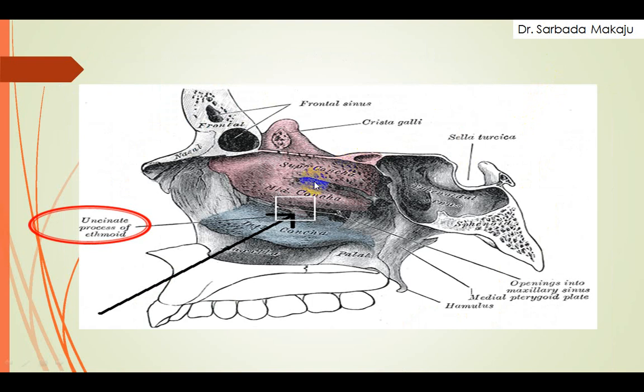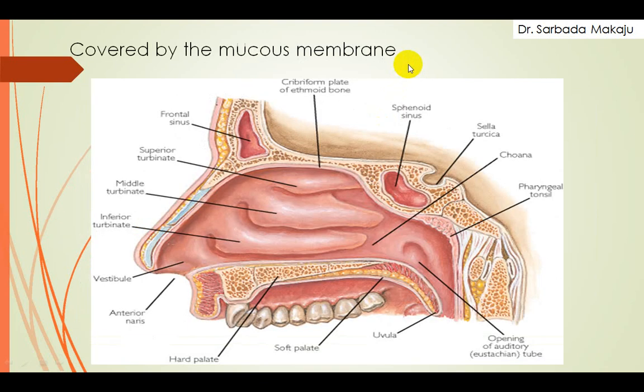Along with that, there is a small bone between the middle concha and the inferior concha, known as the uncinate process of the ethmoid bone. And these are the skeleton of the lateral wall of the nasal cavity.